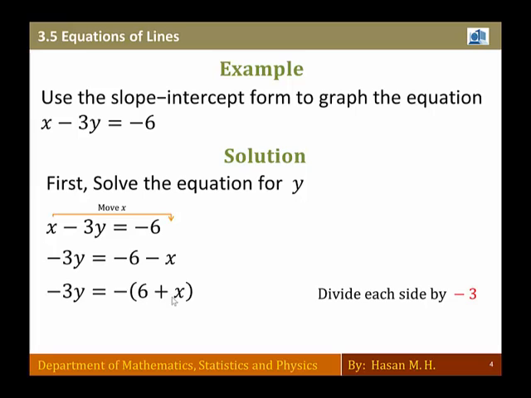Divide each side by negative 3. We will have negative 3y over negative 3 equals negative (6 plus x) over negative 3. Cancel out negative 3 with negative 3 and the negative sign with the negative sign.